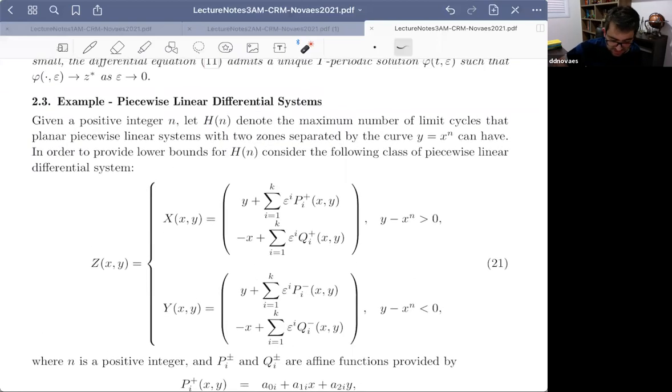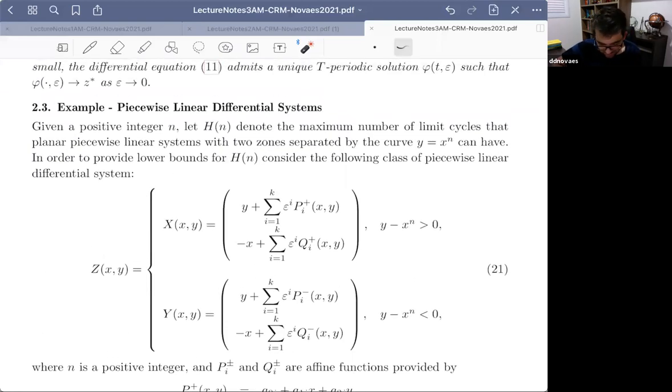It's interesting because it's an application of the previous averaging theorem. Hn here denotes the maximum number of limit cycles that planar piecewise linear systems with two zones separated by this curve can have. Here n is the degree of the curve of separation, the discontinuity manifold.